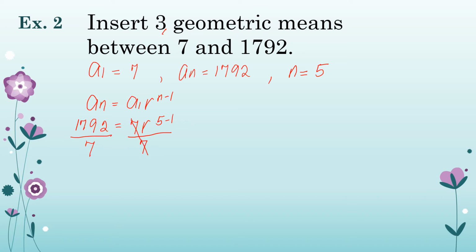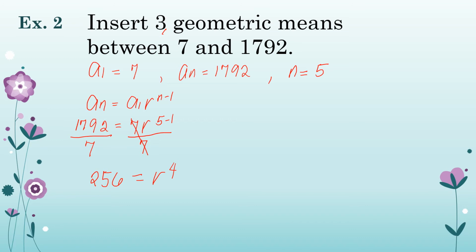So that we have 1,792 divided by 7 is equal to 256 rather. Okay, 256 equals r raised to the fourth power.